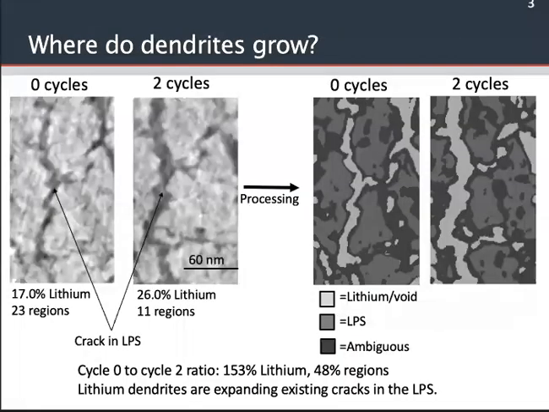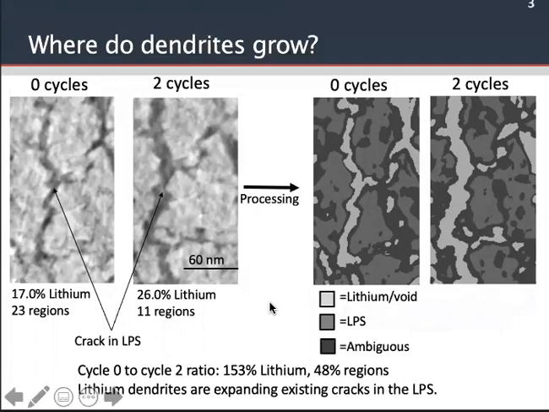So to determine where dendrites grow, we take a look at our X-ray scans. The dark region is something which is X-ray transparent, meaning it could either be empty space or lithium, as lithium is pretty X-ray transparent and our LPS is not. As we cycle our battery, we can see that the crack of lithium or X-ray transparent material grows significantly.